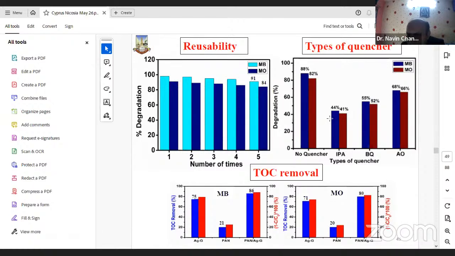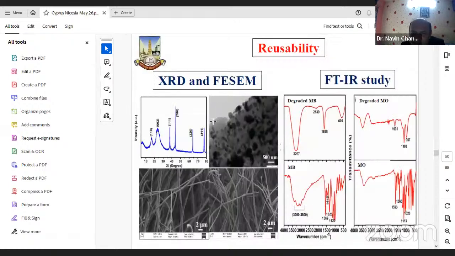These are the types of quenchers we have used for methylene blue and methyl orange. We have done the TOC removal for this material. PAN AGG hybrid nanofiber shows 86% TOC removal for methylene blue, whereas methyl orange shows 80%. This is the reusability study.